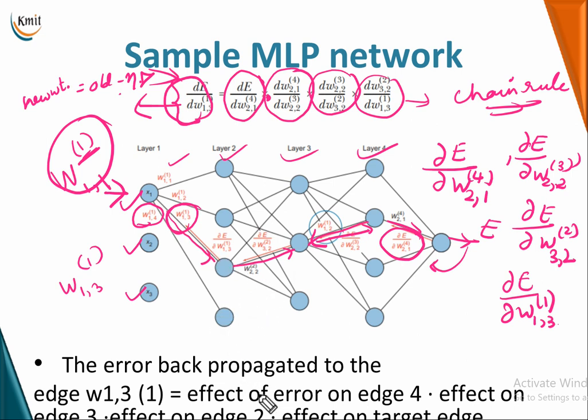So the error backpropagated is the effect of error on edge 4 into the effect of edge 3 into the effect of edge 2 into the effect on target. So this is how the chain rule wonderfully helps us to calculate the gradient very simply, which in turn will help you to apply the gradient descent algorithm and get updated values of weights and biases.